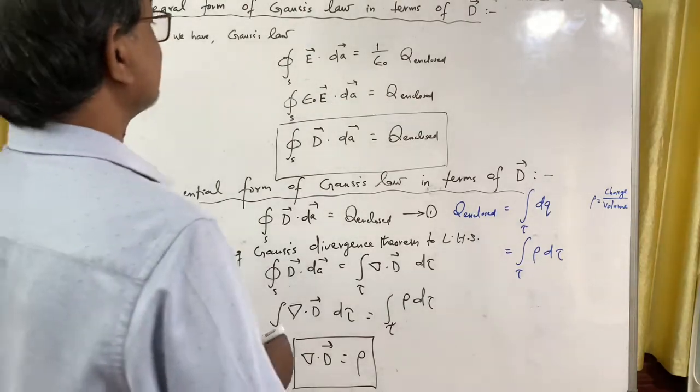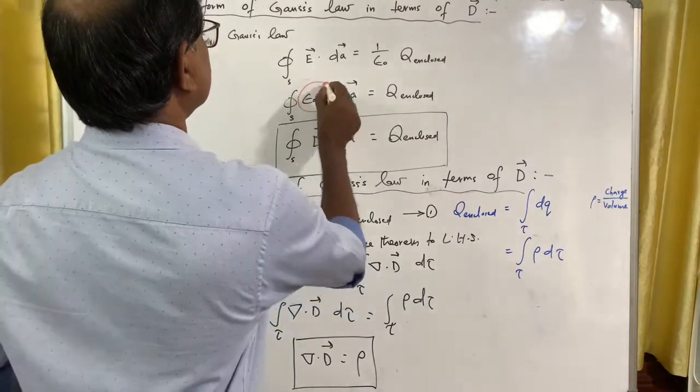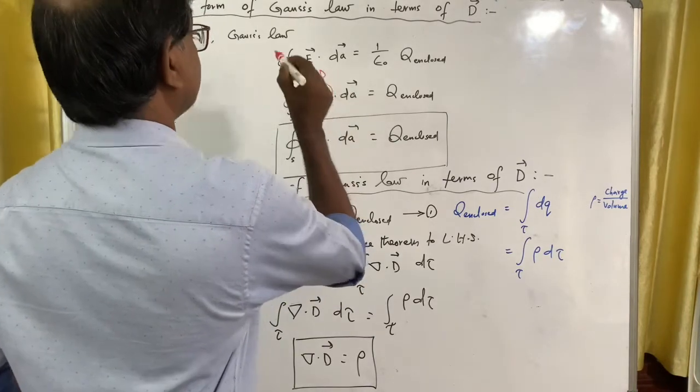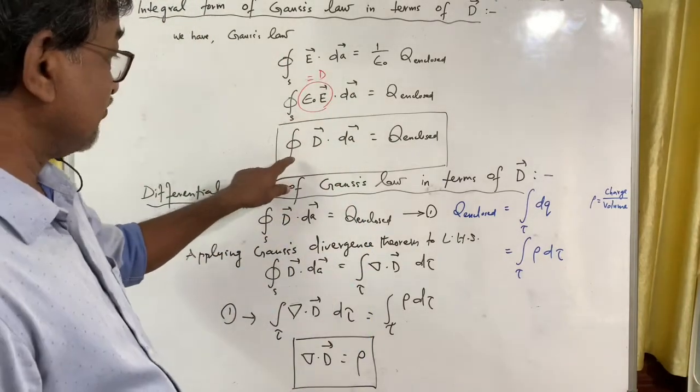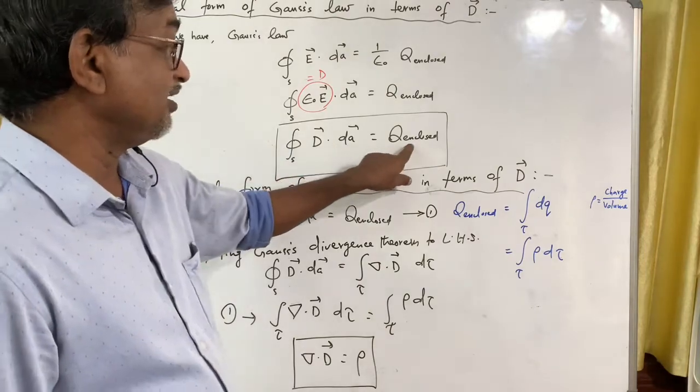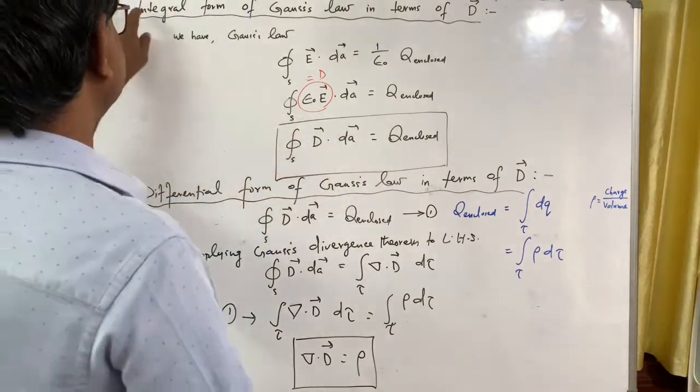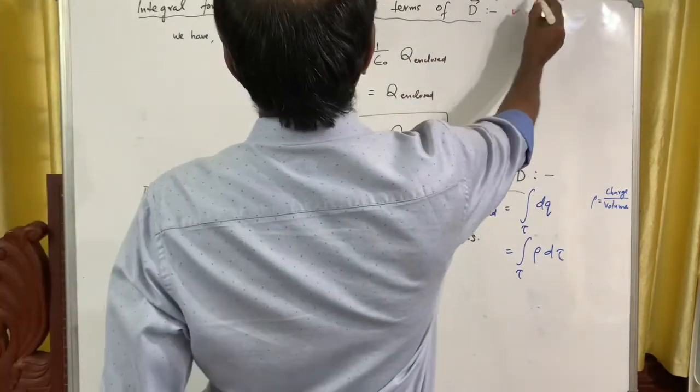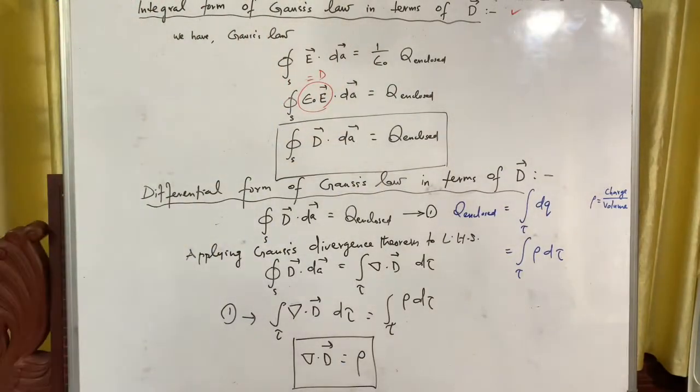Epsilon 0 E is equal to D. So this equation becomes surface integral D dot dA equals Q enclosed. This is the integral form of Gauss's law in terms of D.